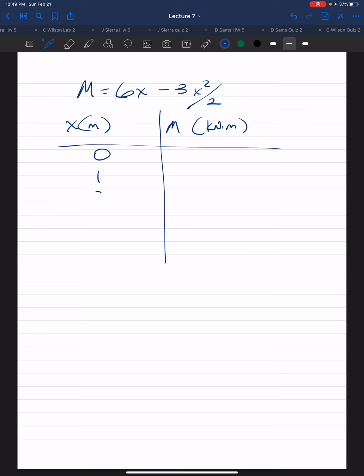Zero, 1, 2, 3, 4. When x equals 0, m is 6 times 0 minus 0. So this m is 0. When x equals 1, m is equal to 6 minus 3 times 1 squared over 2, which is 1.5. 6 minus 1.5, which is 4.5.